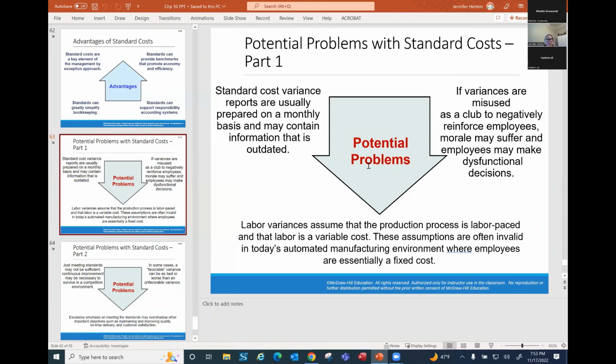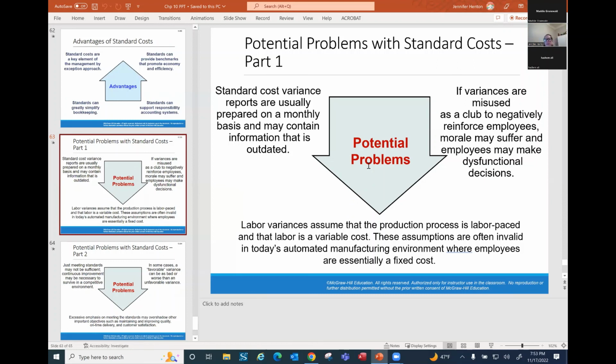Employees may make dysfunctional decisions. So, if you have people that are tied to bonuses or rewards, and things aren't working out because they're taking variances and just throwing them someplace, numbers can look really bad, and then they never hit their rewards. That can be frustrating. So sometimes the morale goes down.